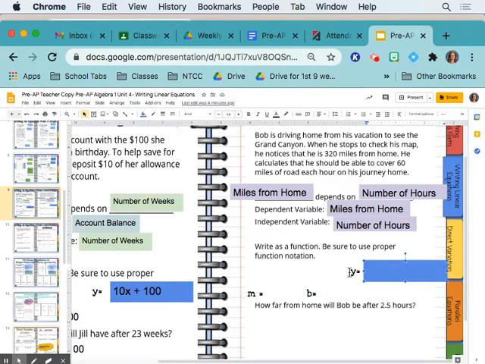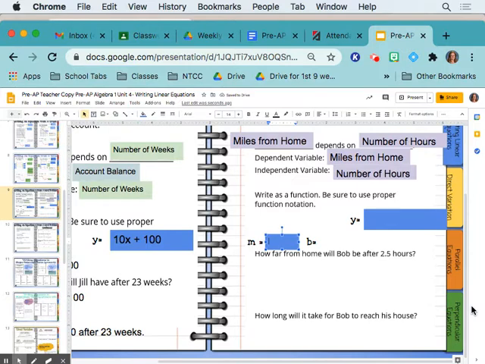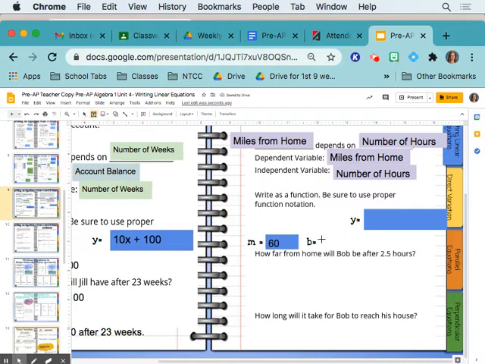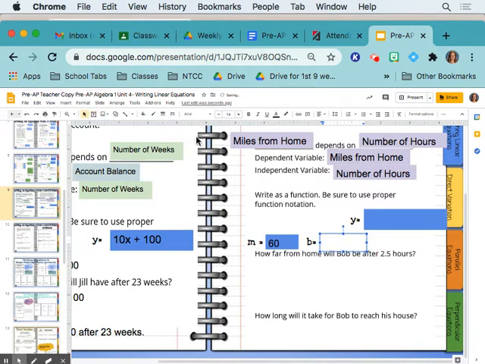So what is our rate of change, our M? The miles per hour, 60. Make this bigger. And then what is our B, which would be our initial amount? 320.